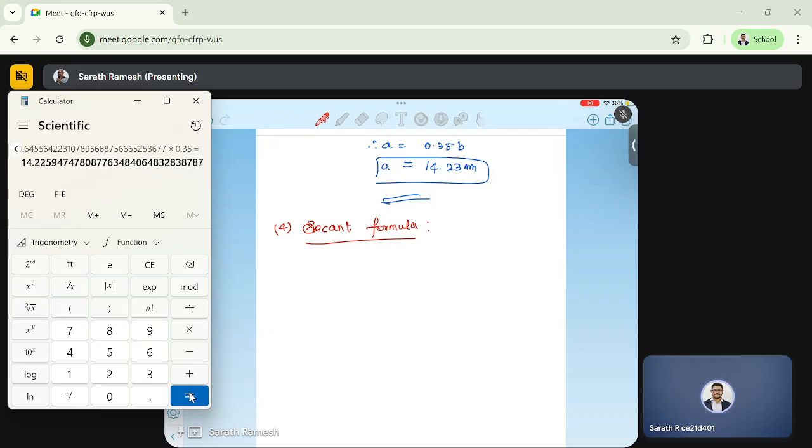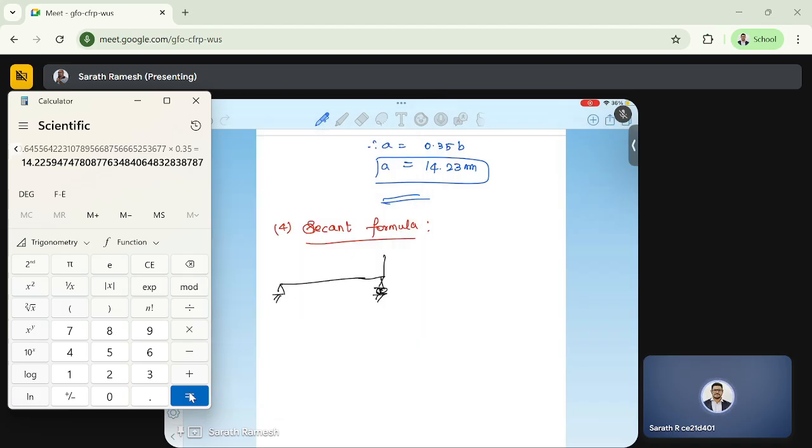Okay, so it's like same, say a simply supported beam here, and it has some eccentricity.